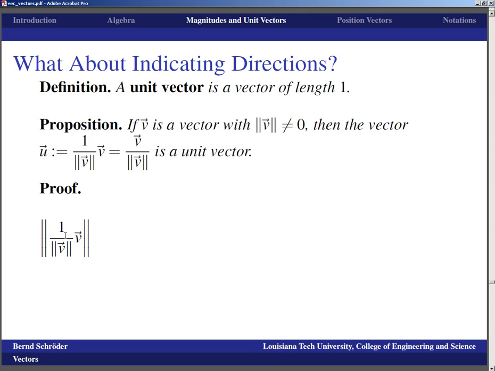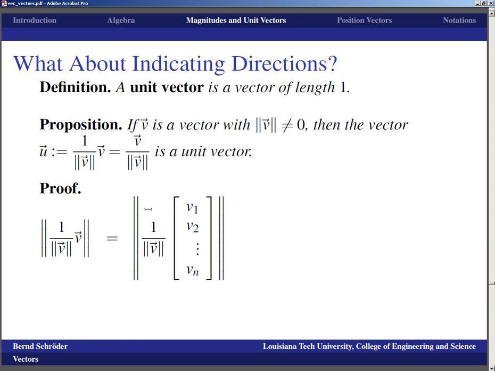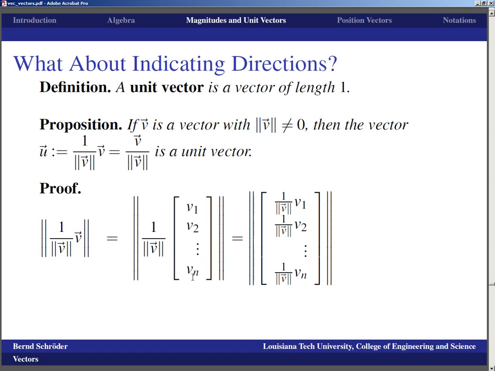That's fairly easy to prove, because if we take the norm of 1 over ||v|| times v, then that's the norm of 1 over ||v|| times the column vector v1 through vn. I'm just going to use all the operations that we know so far that are allowed. I can multiply every component with 1 over ||v||. Then I use the magnitude formula, because now I have directly the magnitude of a vector, and I get the square root of the sum of (1 over ||v|| times vj) squared.